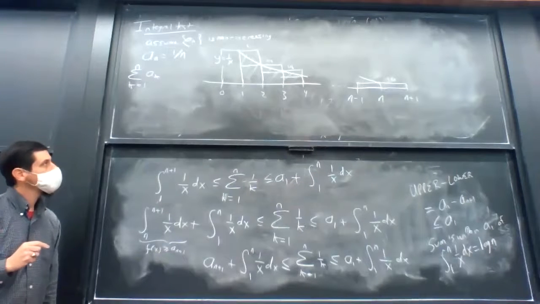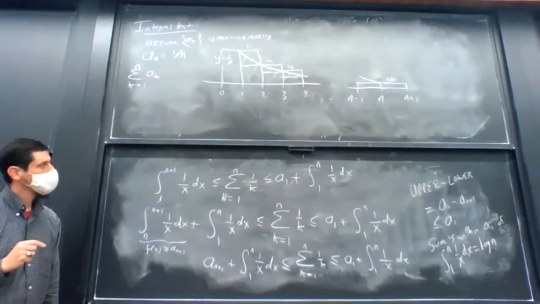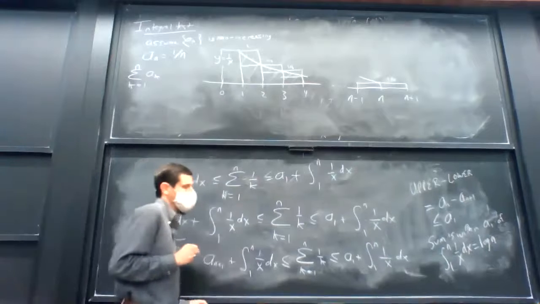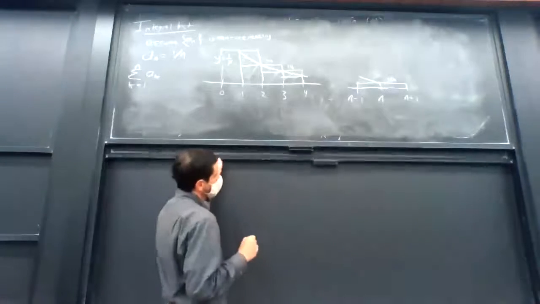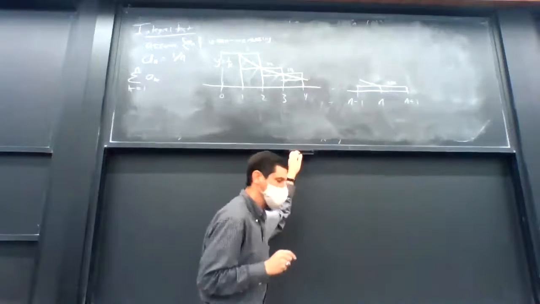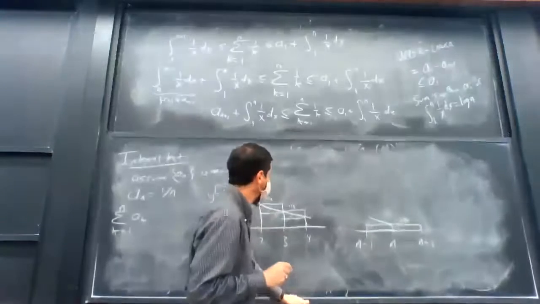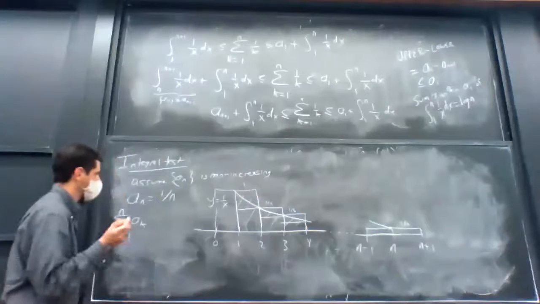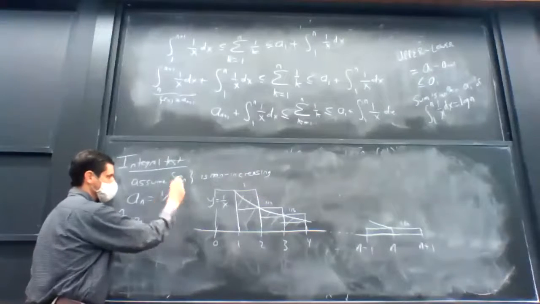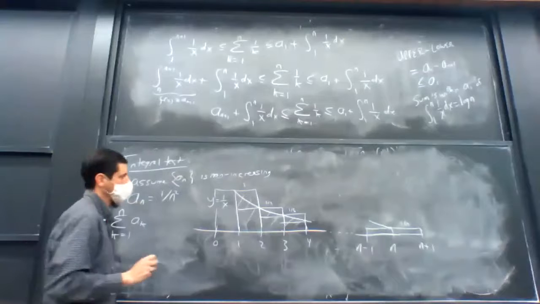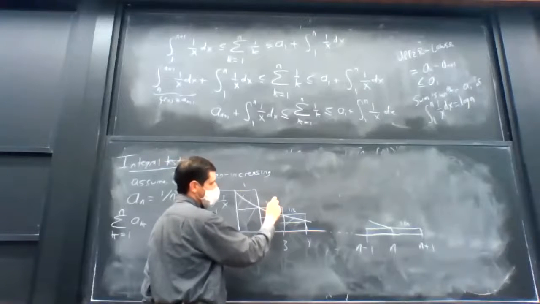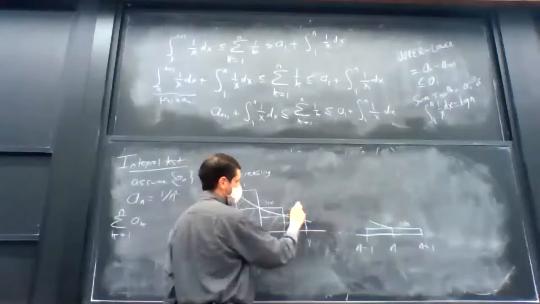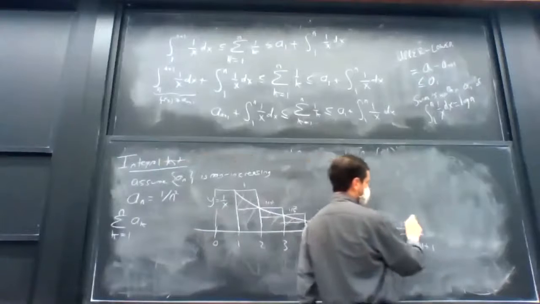Now you have to always ask yourself, when is this worthwhile? Instead of taking the function 1 over n, I'm going to do a search and replace and do 1 over n squared. All right, so this is still 1. This is now 1 over 2 squared, 1 over 3 squared, 1 over n squared.